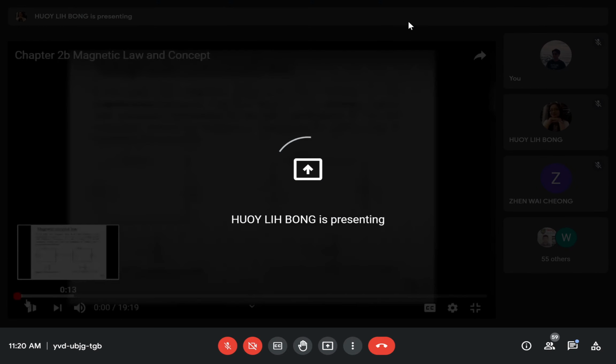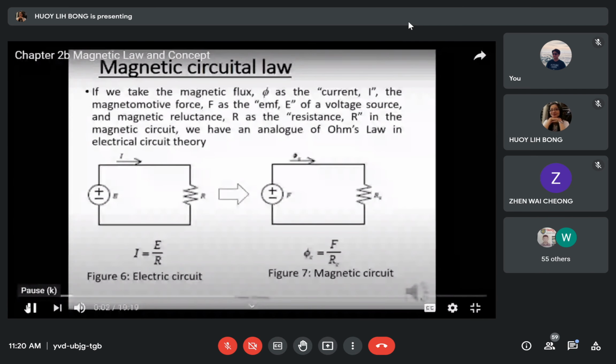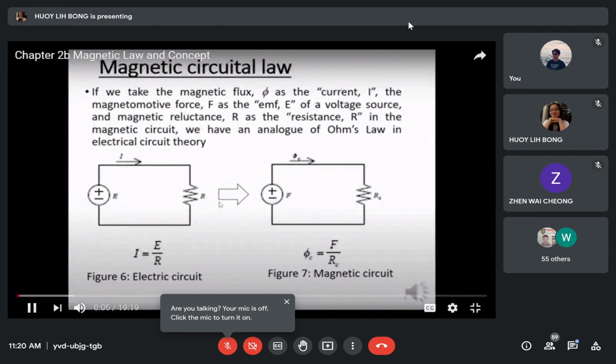Circuit. We can use the analog of Ohm's law in electrical circuit into the magnetic circuit.